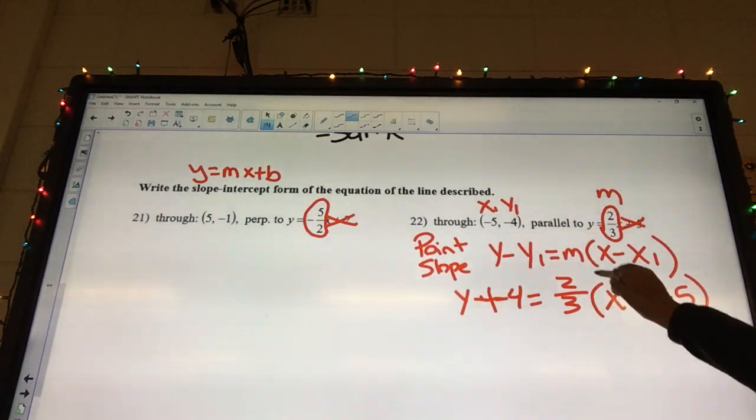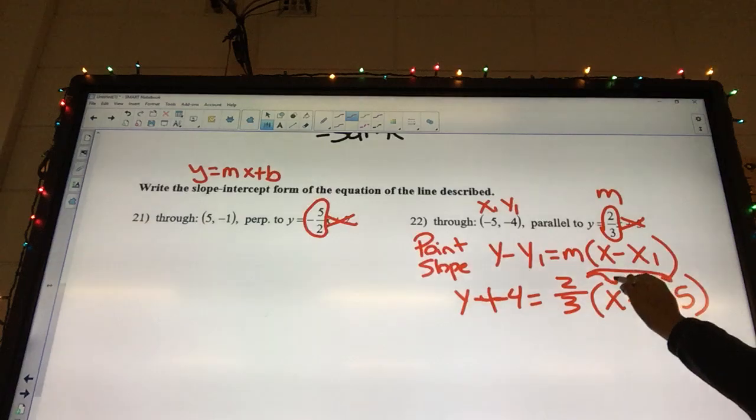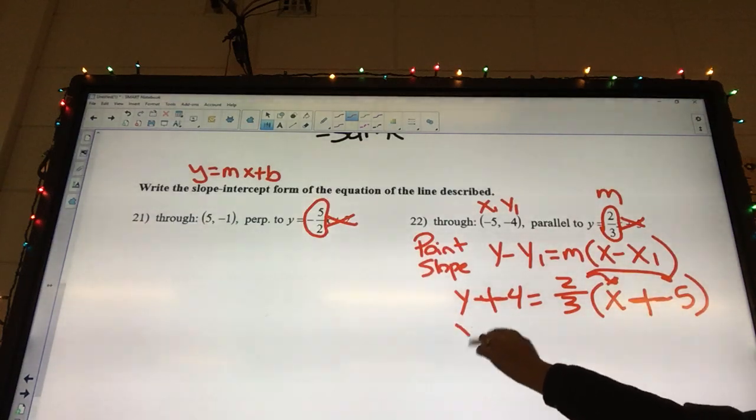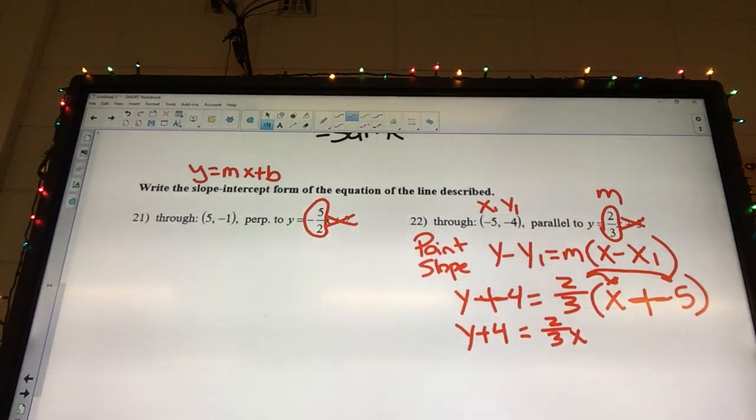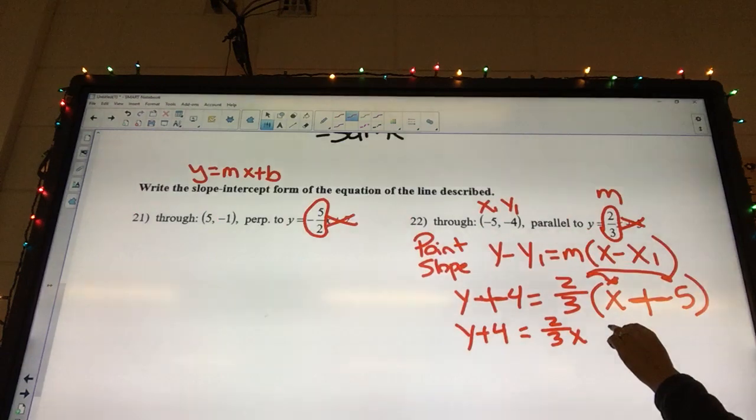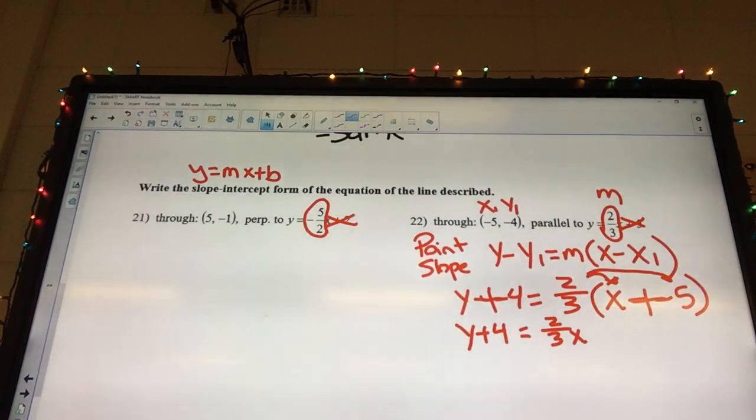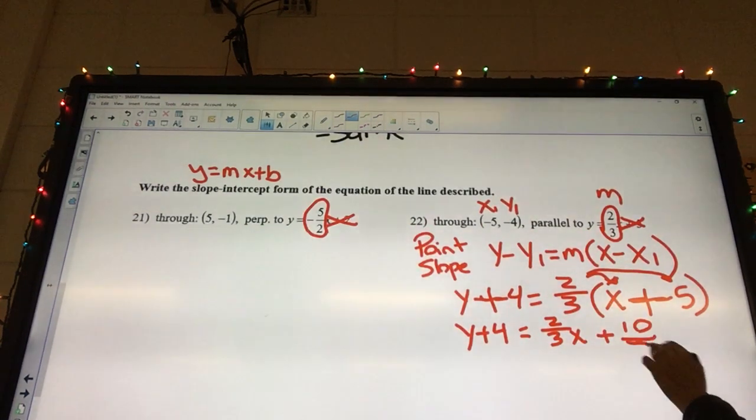We're gonna have to distribute. So I got y plus 4 equals 2/3 x. On here, if yours pops up like that, you're gonna hit shift. See how it says DC in the yellow? That turns it into the improper fraction that you want, 10/3.